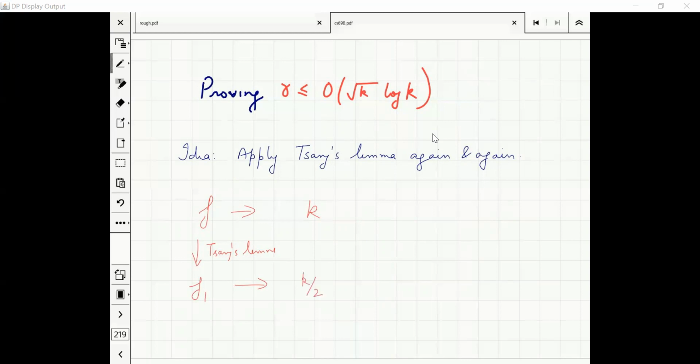Because I had fixed some gamma. Then I fix gamma 2. I get f2, which becomes k by 4 parities, my expression of f2 will have only k by 4 parities.